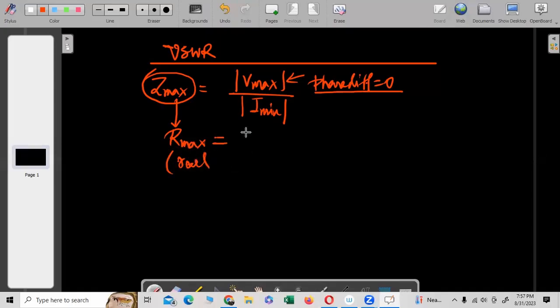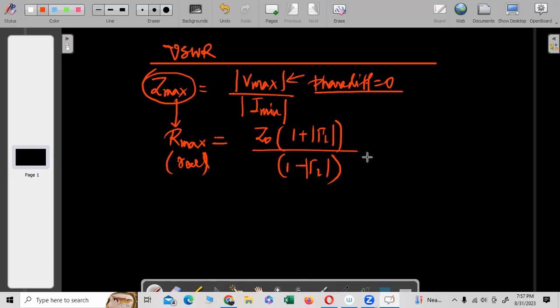So it is V max by I max, right? And it is nothing but Z naught times (1 plus mod of gamma L) divided by (1 minus mod of gamma L). That you can check. Already we have discussed in the last class.